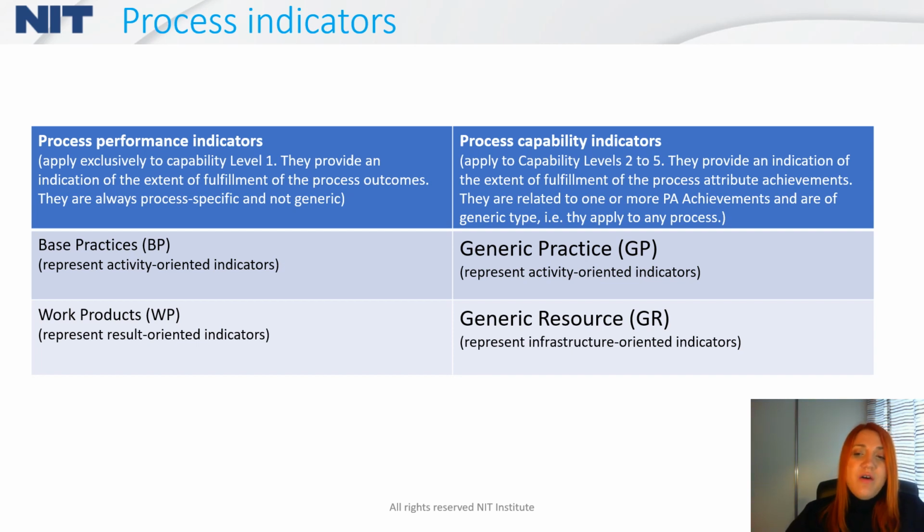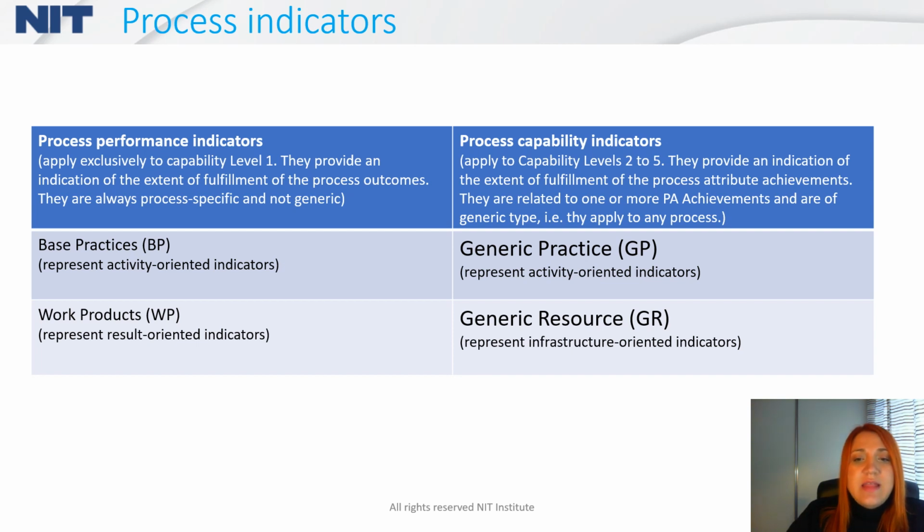The existence of best practices and work products provides evidence of the performance of the process, associated with them, and can be found in the assessment report. Similarly, the existence of the process capability indicators provides evidence of process capability. There are process performance indicators and process capability indicators.